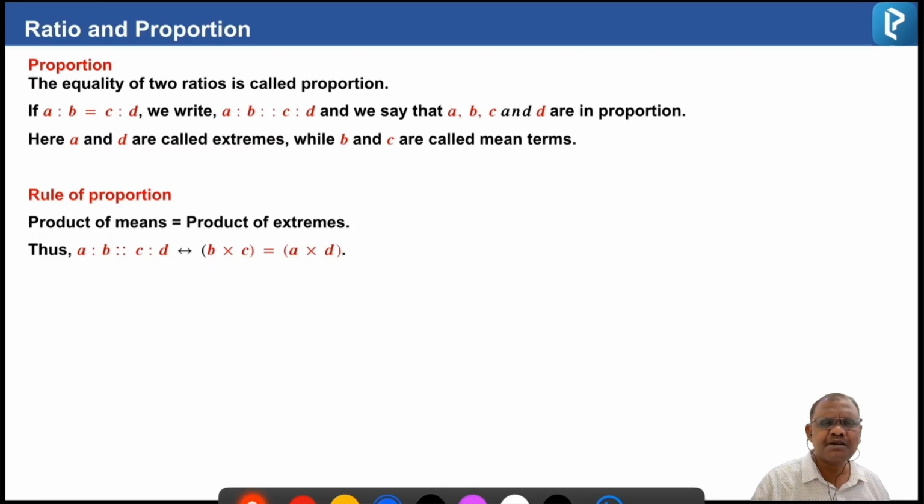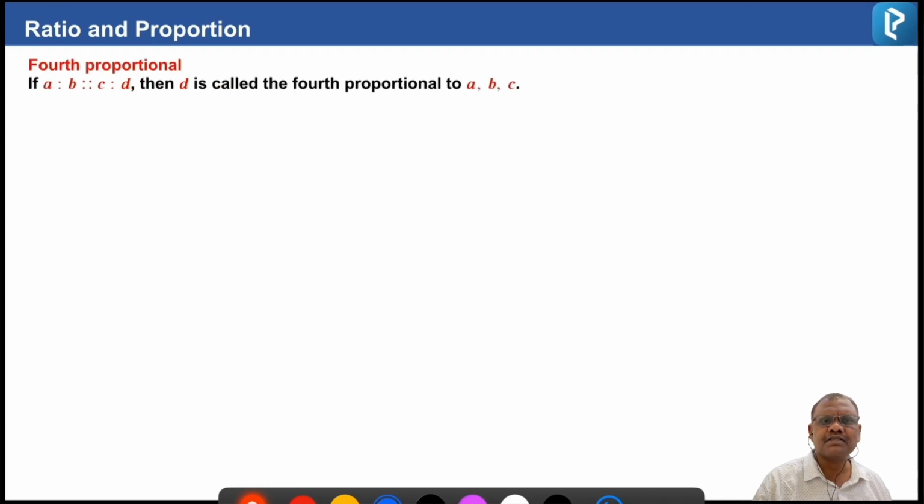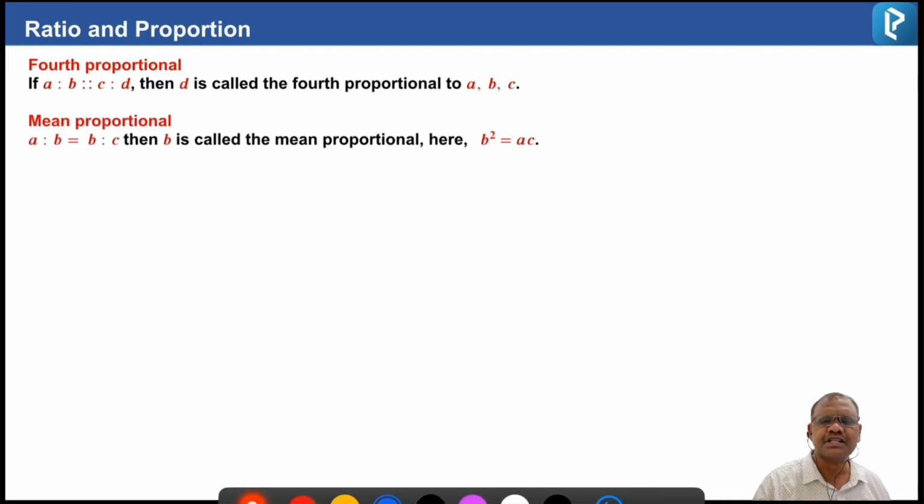So what are the means here? B and C. Their product B into C must be equal to the product of the extremes A and D. So this is the rule of proportion. Fourth proportional: if the four terms A, B, C, D are in proportion, the last one, the fourth one, is called the fourth proportional. And when only three terms are in proportion, that means one term, B, is repeated again, then we say that B is called the mean proportion.